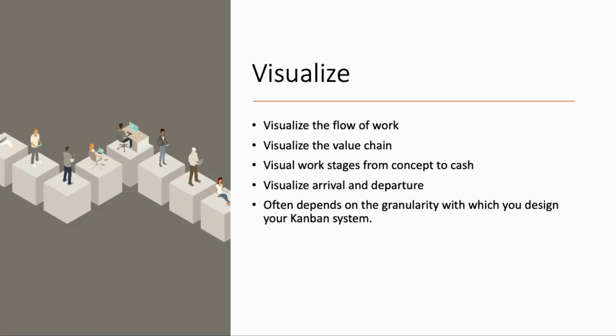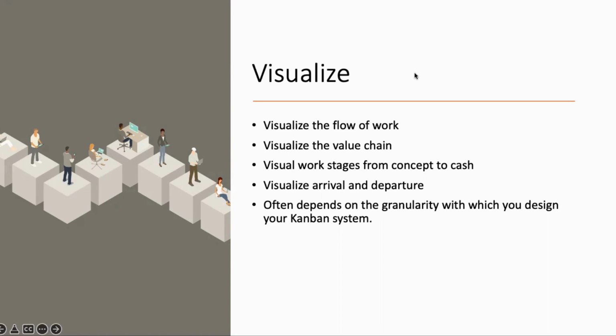Every business has a value chain. So when you discover that value stream, you will see what are the smaller steps to deliver a piece of functionality or piece of work. Means what are the steps from concept to cash.